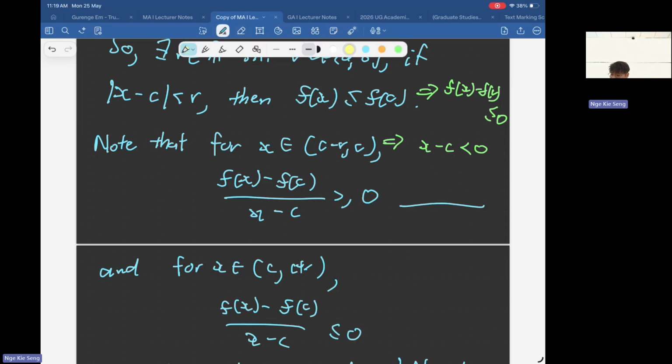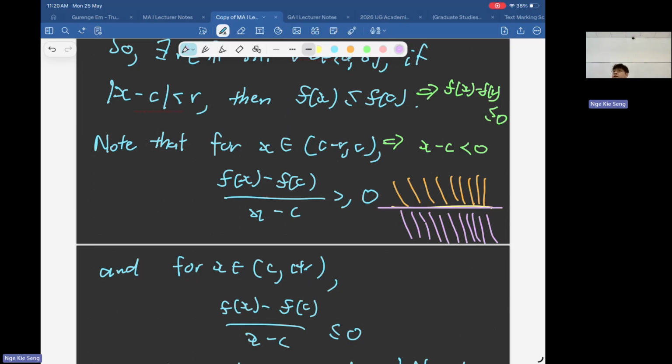Maybe let me draw it first. On one side, you need to stay on the non-negative side; on the other side, you need to stay on the non-positive side. So if they converge, they can only converge to this middle thing. You can use contradiction: if you want to converge to something at the bottom, there's nothing from the non-negative side staying in the negative region. And if you try to converge to something strictly positive, there's nothing from the other side staying on the positive side.